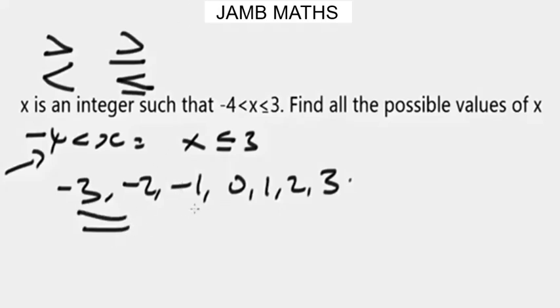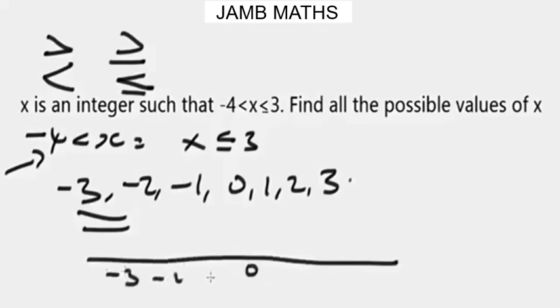Okay, now to represent this, a number line is going to give us something like this. This is the midpoint, these are -3, -2, -1. These are 1, 2, 3. Let's stop at 4 here. Now, to represent this, let's put -4 here. Very important.